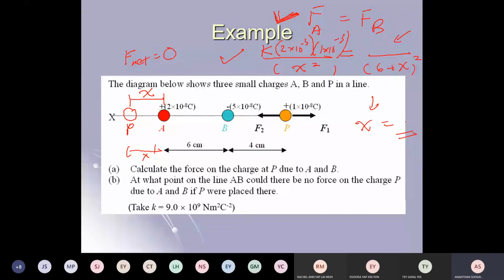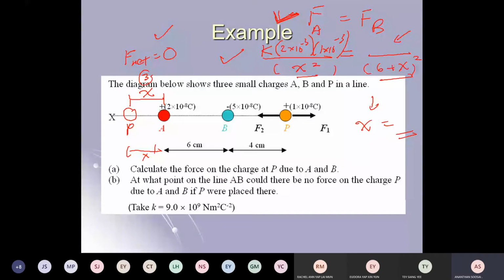You should be able to get the answer later. Any problem with this suggestion? Okay, so those who got the third region to achieve net force 0, you are good, correct? Very good visualization. And those who feel this should be X, this should be 6 plus X, that means you completed. You understand how to do the question already.